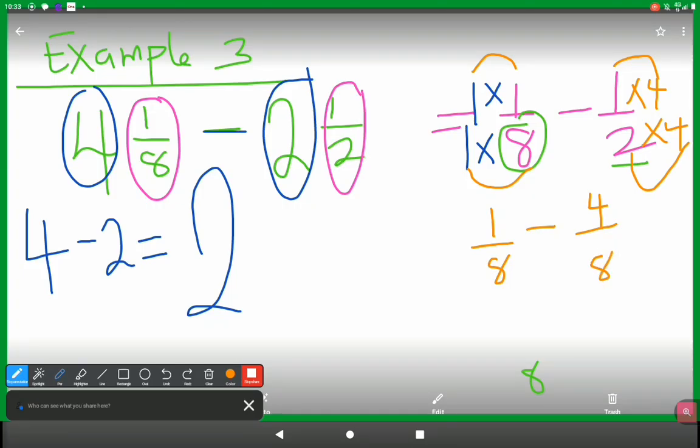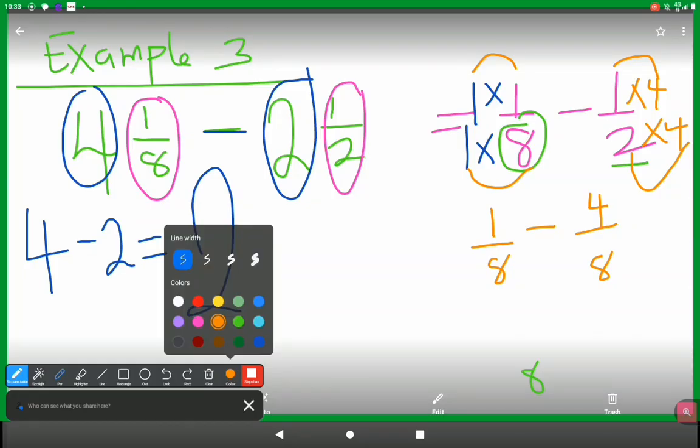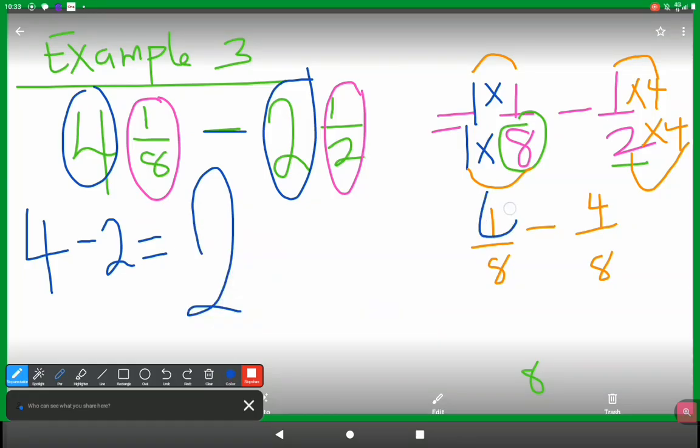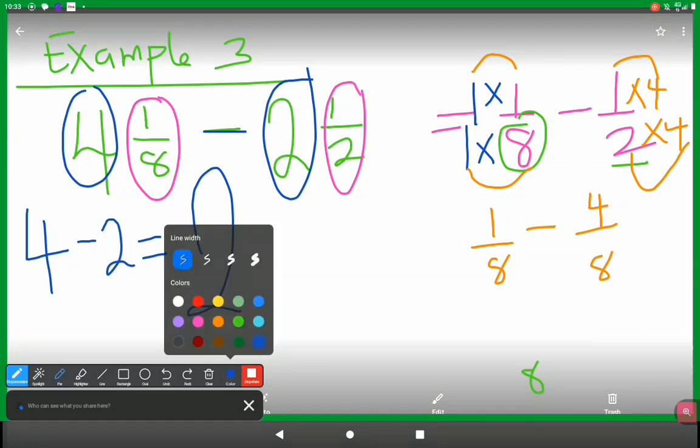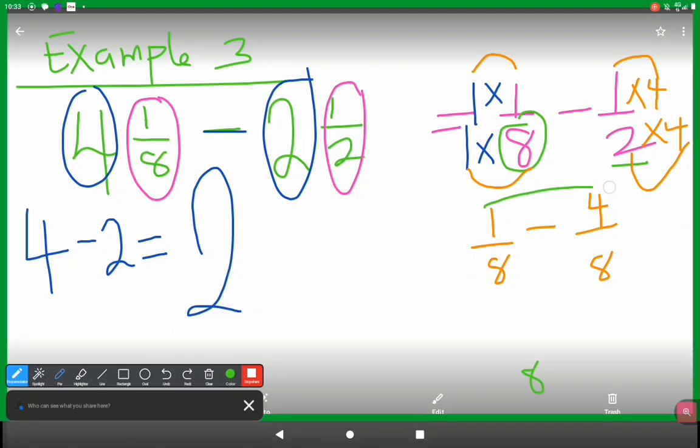Now that I have the same denominators, I consider the numerators. This is 1 and this is 4. So I cannot do 1 subtract 4. So what should I do? At this stage, you need to go back to your whole number. When you cannot subtract the numerator because it is impossible, you go back to the whole number.